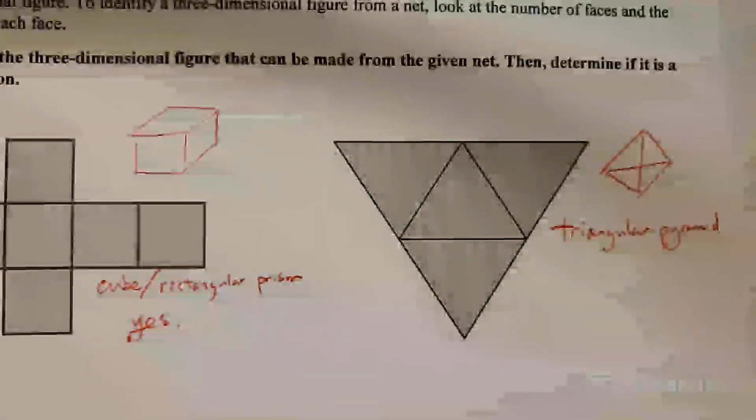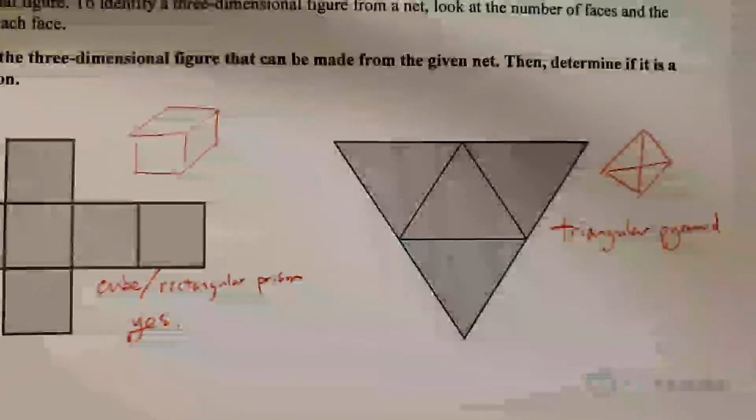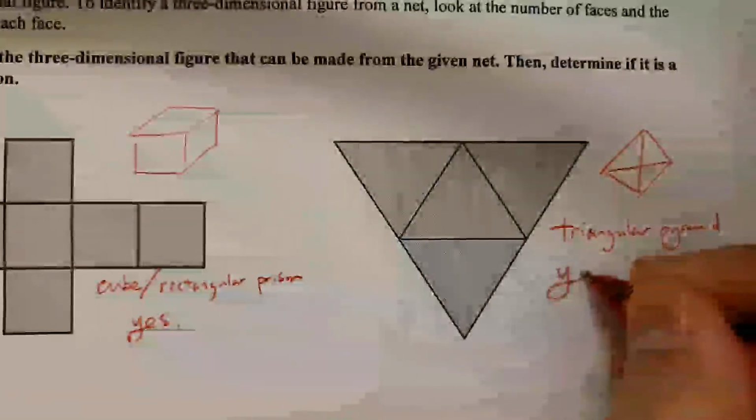A type of polyhedron? It is, right? Yeah.